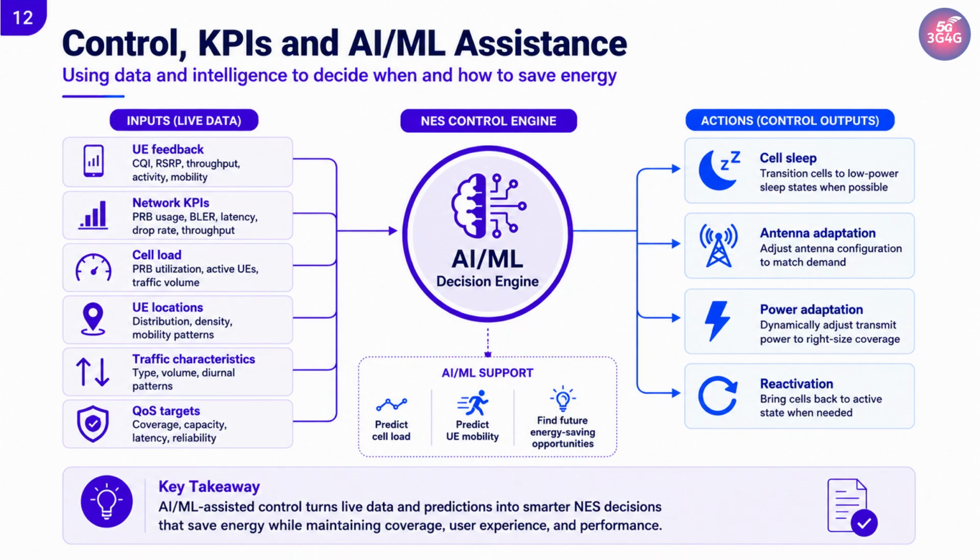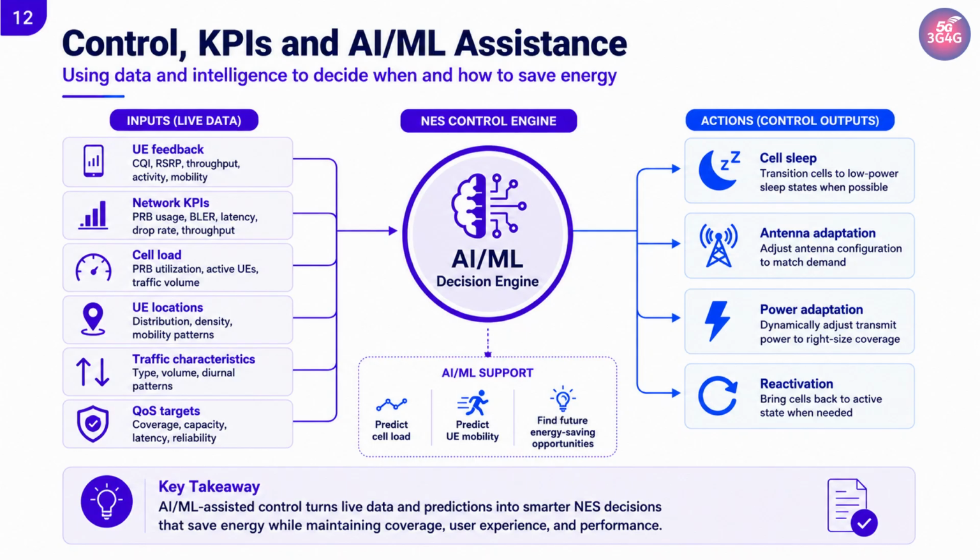service requirements. AI and machine learning can help by predicting what is likely to happen next. They can help predict future cell load, UE mobility patterns, and energy saving opportunities. This allows the network to make better decisions about when to apply energy saving actions.